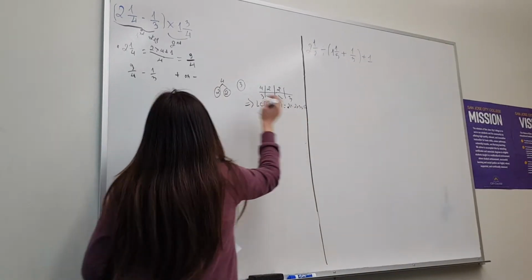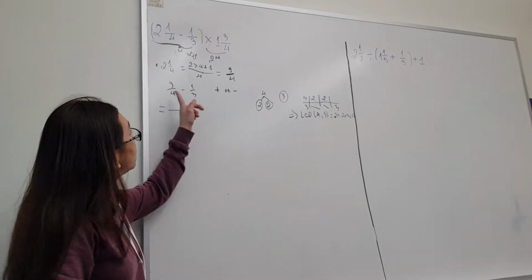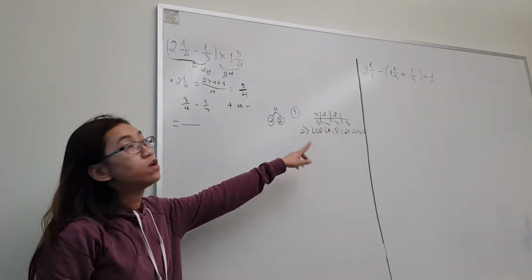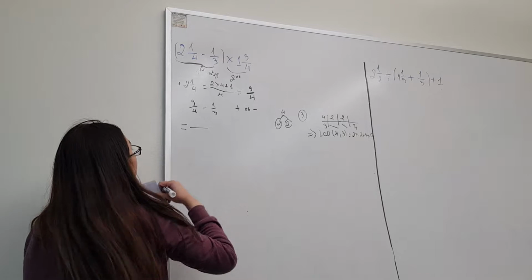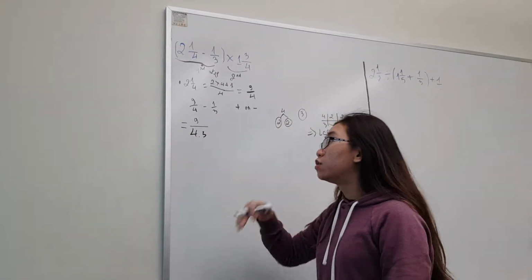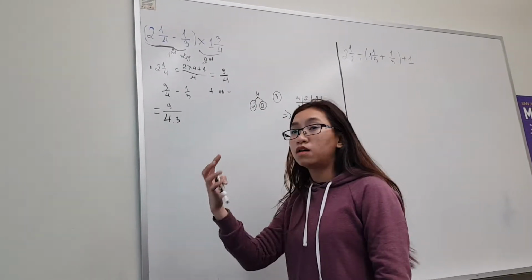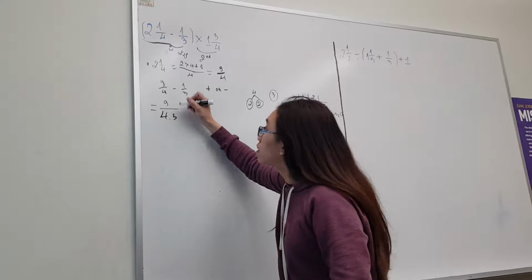You have 12. How many times 4 equals 12? It means 4 times 3, right? When you see the denominator times 3, the numerator needs to be multiplied by the same 3.